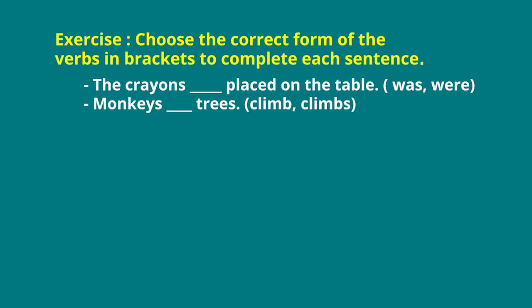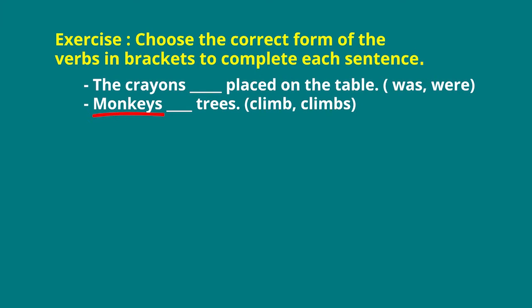Number 2, monkeys something trees. Our verbs are climb and climbs. But what then is the subject of this sentence? Definitely it is monkeys. Monkeys, as we are seeing, is a plural noun. Therefore, we must have a plural verb.